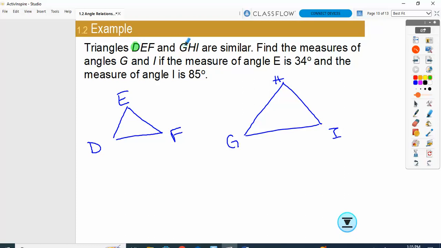D is first in this triangle and G is first, and same, that means D and G have to have the same measurement. Okay, so then we know that E and H would have to be the same measure, and F and I would have to be the same measure. So it told me that angle E was 34 degrees and angle I is 85 degrees.